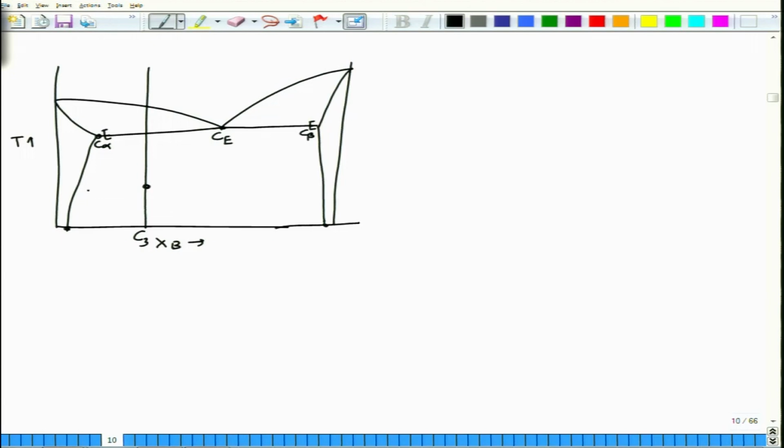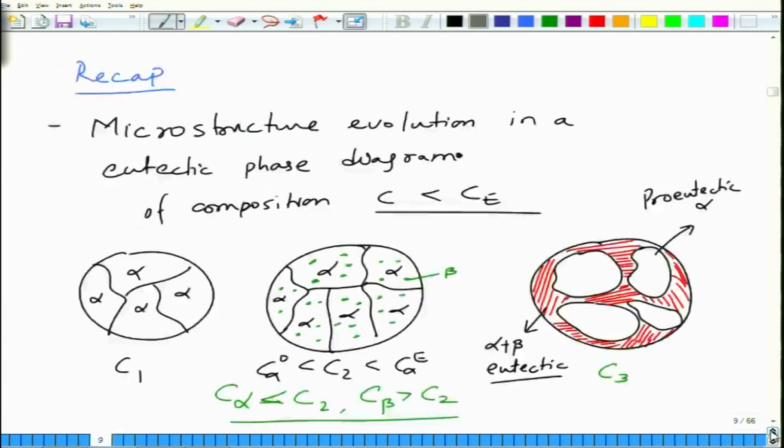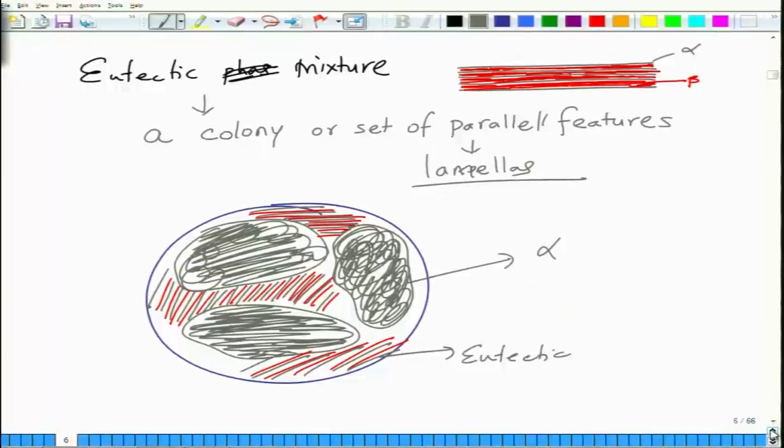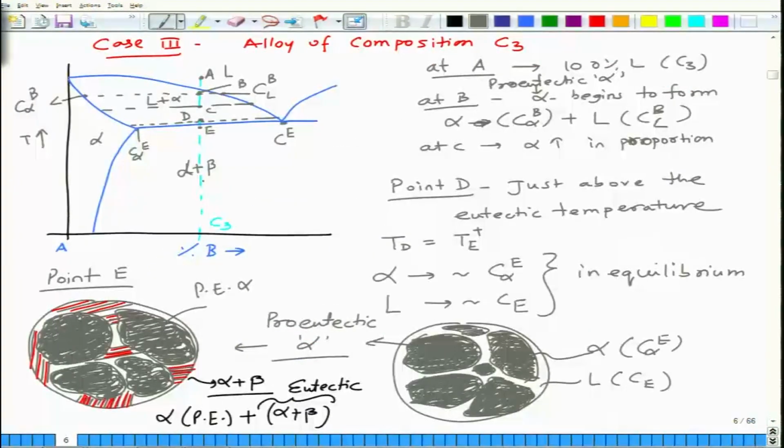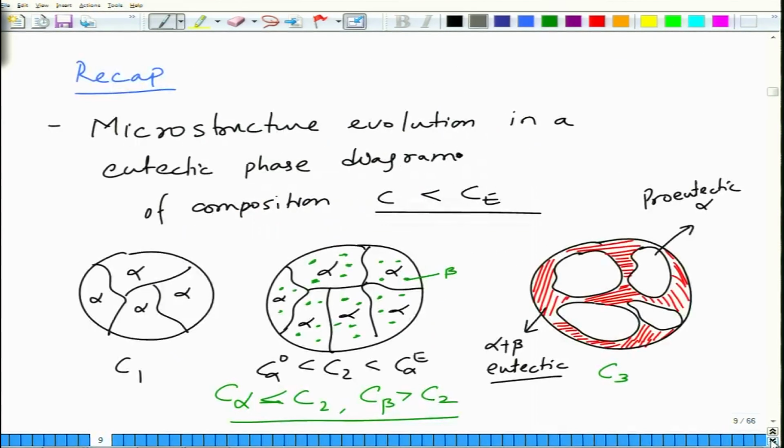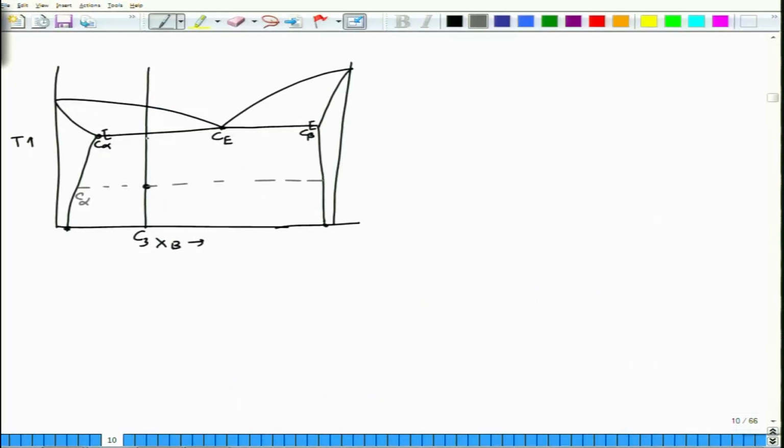Let us see what point it was. It was point E, below the eutectic temperature.